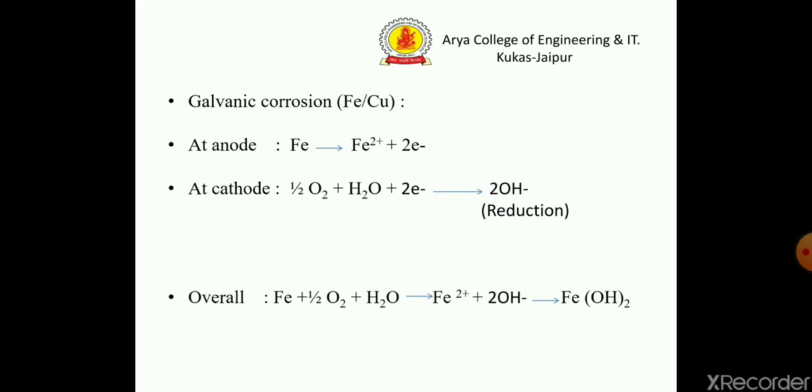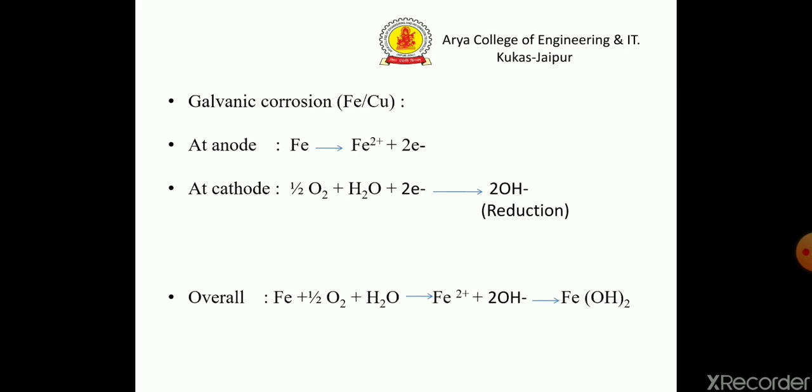The second case is galvanic corrosion between iron and copper. In the case of iron and copper, iron acts as anode and copper acts as cathode. At anode, iron releases 2 electrons and converts into Fe2+.